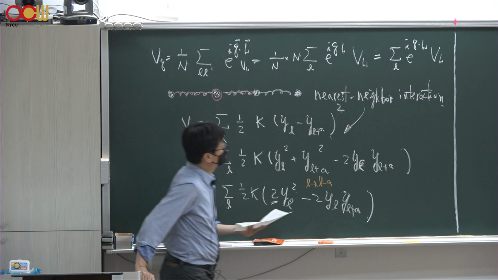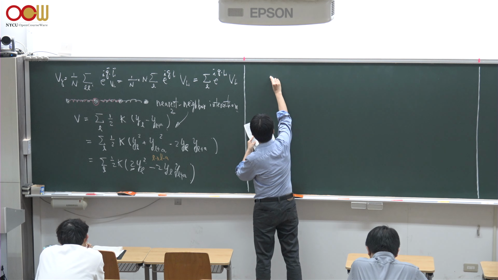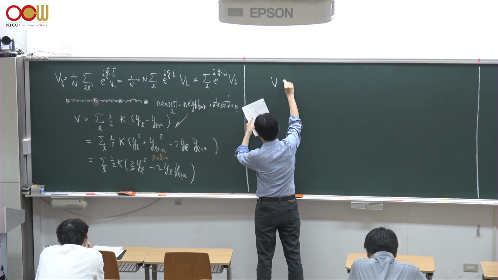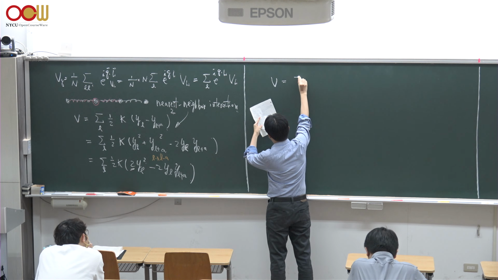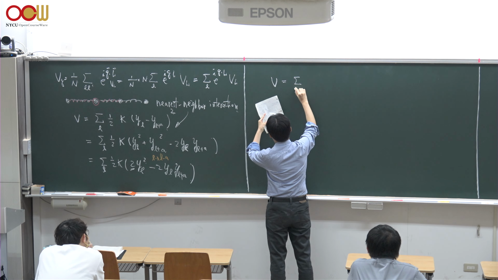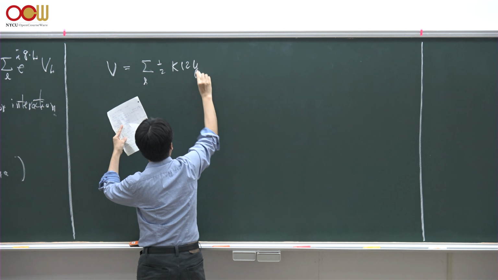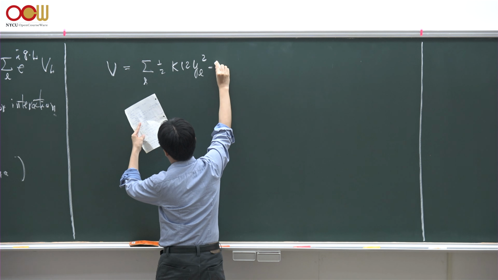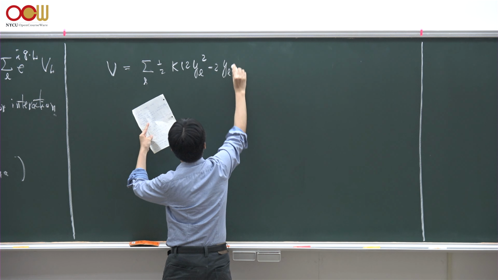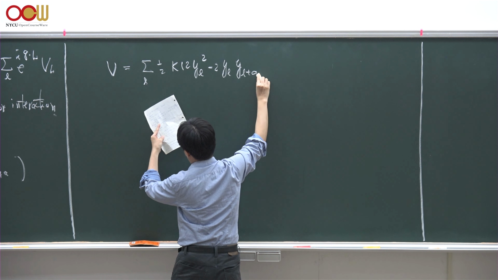Okay, so let's combine everything. So this V under the assumption is given by the sum over l of 1/2 K times (2 y_l squared minus 2 y_l y_{l+a}).